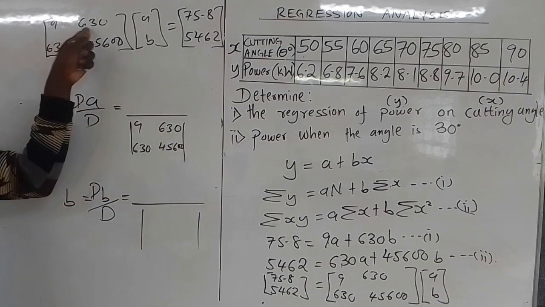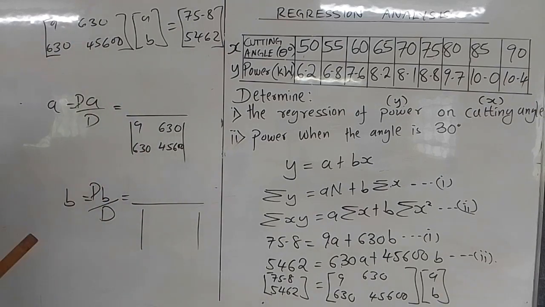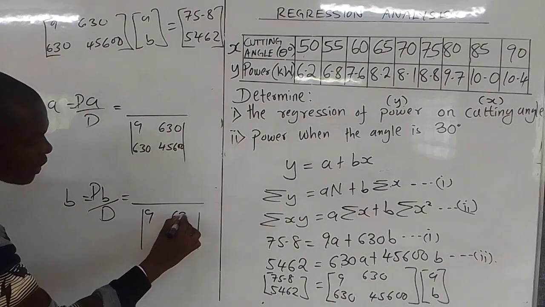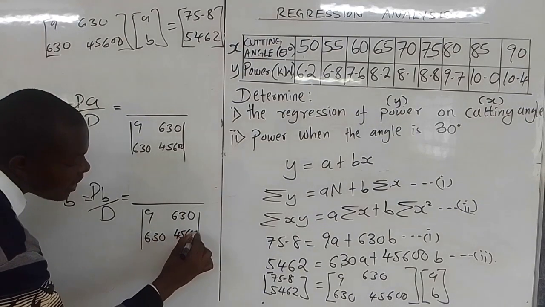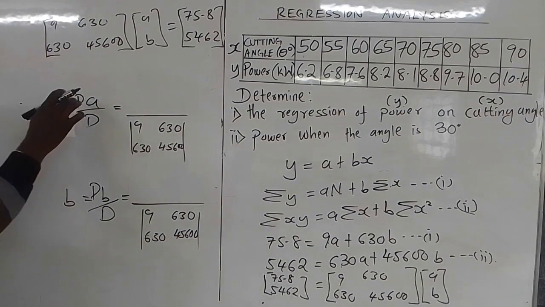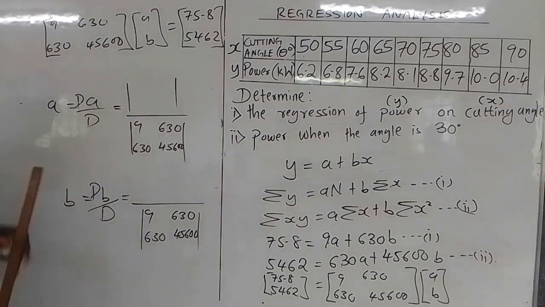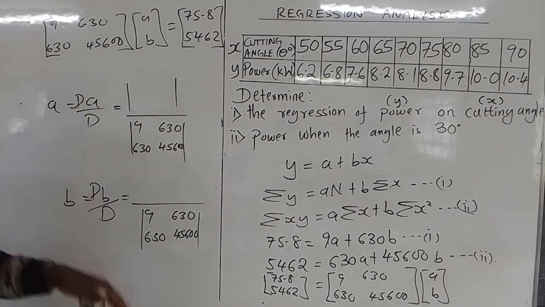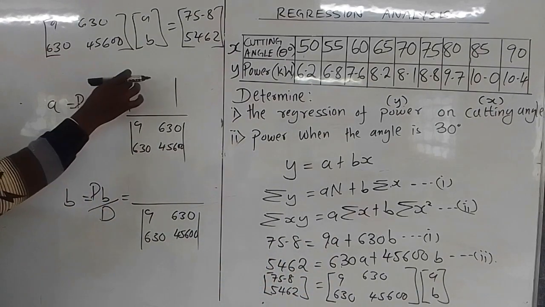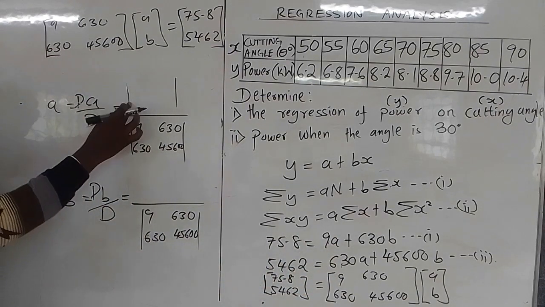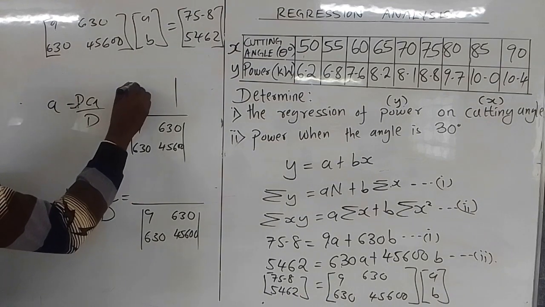I'm still dealing with this coefficient matrix in the denominator, which is 9, 630, 630, 45,600, isn't it? So if you want this D of A, you substitute the column of A. A was column 1, isn't it? So the column 1 you replace with the solution. What is the solution?